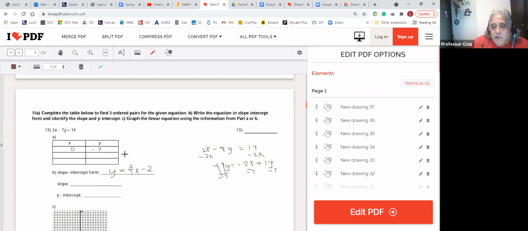Now remember, up at the top, I did the y-intercept and the x-intercept. Well, that's the y-intercept. So for the x-intercept, I'm going to just let y be equal to 0. See, so I've got 2x is equal to 14.